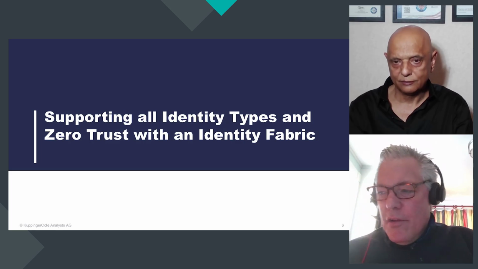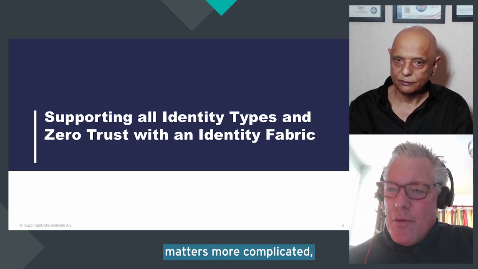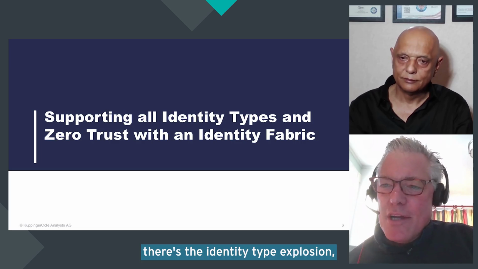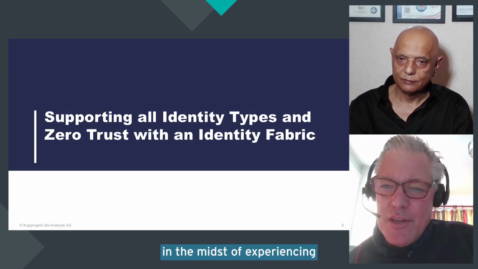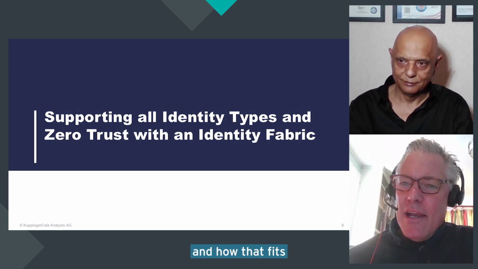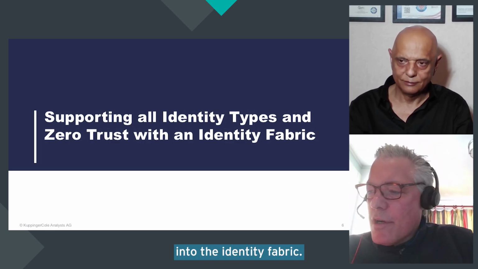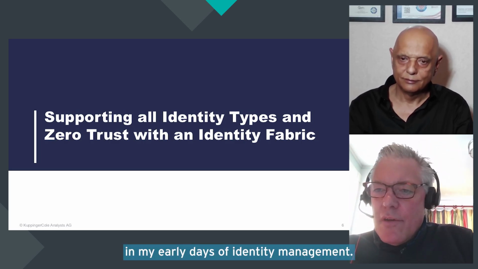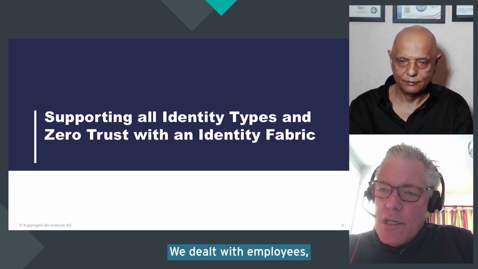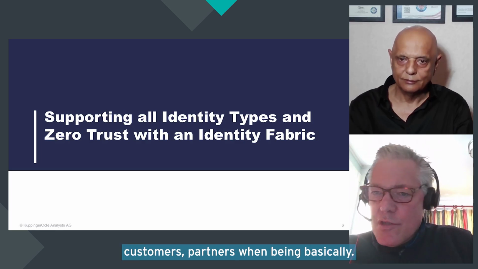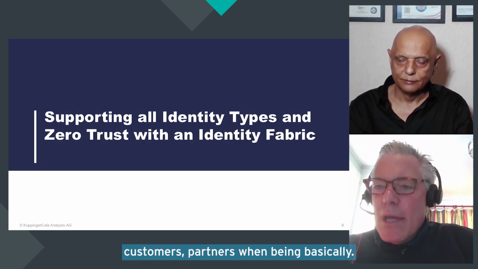So to make matters more complicated, there's the identity type explosion, which we're sort of in the midst of experiencing, and how that fits into the identity fabric. In my early days of identity management, we dealt with employees, customers, partners, human beings, basically.